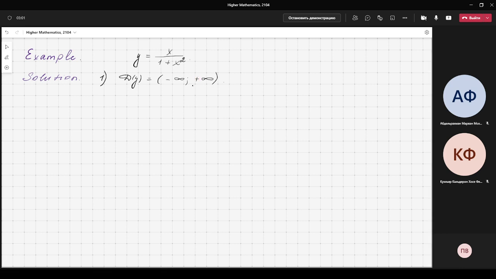It will straightaway be noted that for x less than 0, we have y less than 0, and for x greater than 0, we have y greater than 0. The second, the function is everywhere continuous.